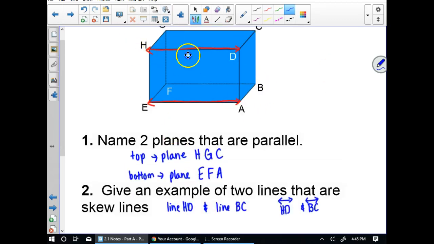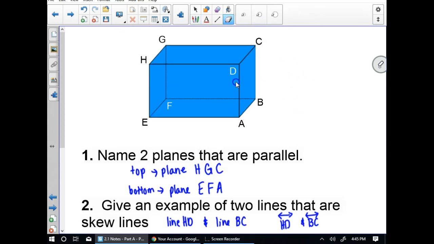Now, something else that you need to consider is that parallel lines don't have to have a face drawn through them if we're thinking of looking at this rectangular prism here. So if I am looking at these points here, the line HG is also parallel to AB. Now, those points appear to be in different planes. This is in the top plane, this is in the bottom plane.